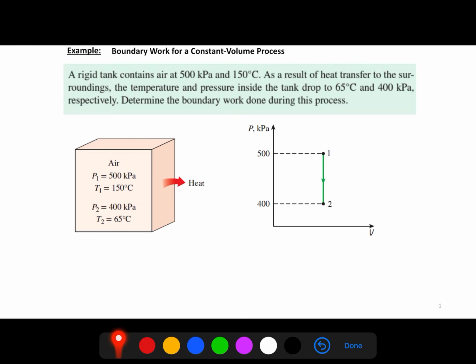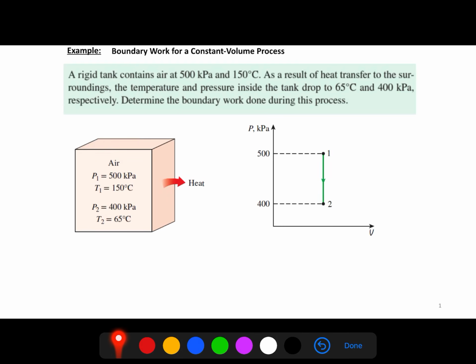You look at this figure here. This is actually the rigid tank. Initially the air is at 500 kPa pressure and 150 degrees centigrade temperature. So what is happening here? Heat is transferring from this tank to the surroundings.